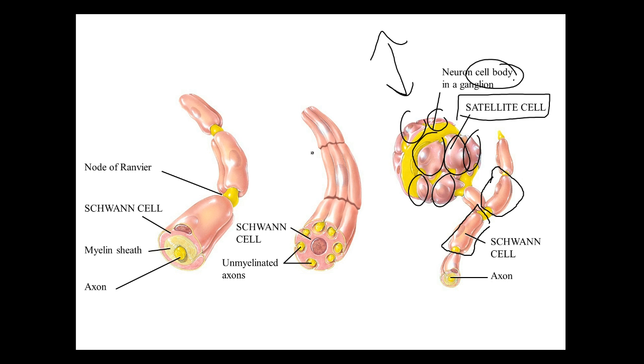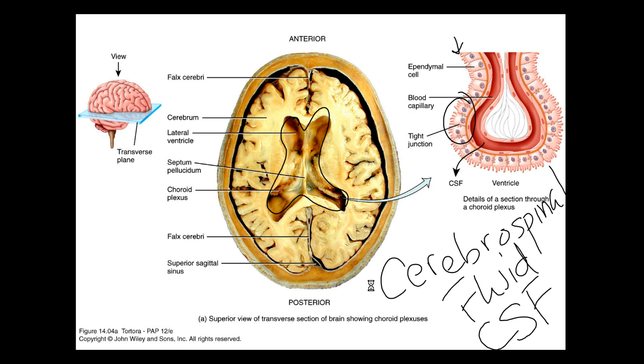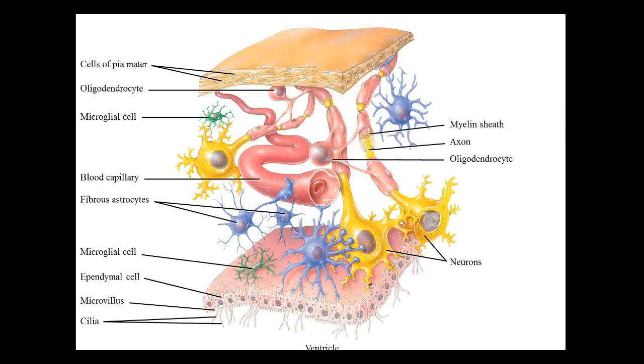Okay, so the two cells of the peripheral nervous system are Schwann cells and satellite cells. And then the four cells of the central nervous system are oligodendrocytes, astrocytes, microglial, and ependymal.